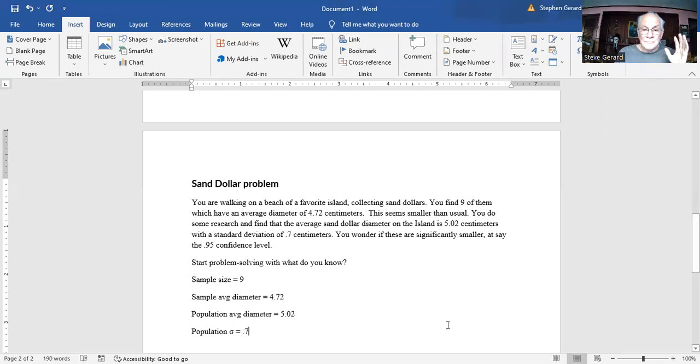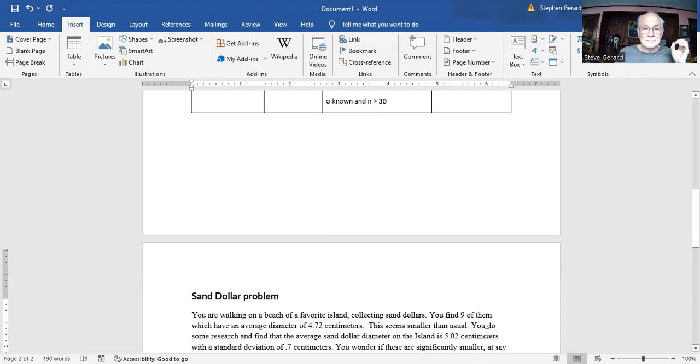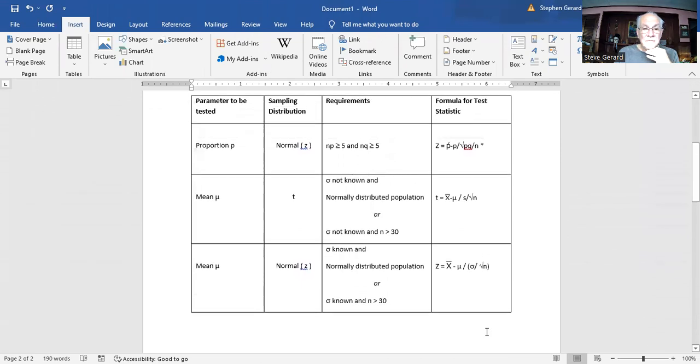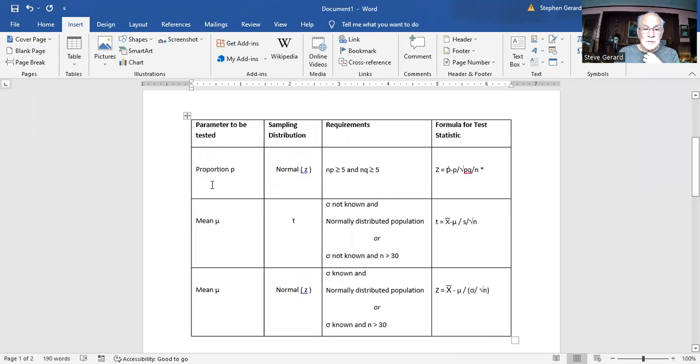First of all, we're going to go back up to my chart. Am I measuring a proportion or an average? Am I talking about average diameter? I'm clearly talking about an average, so I'm not using this one. I'm not working with proportions here. Do I know sigma?